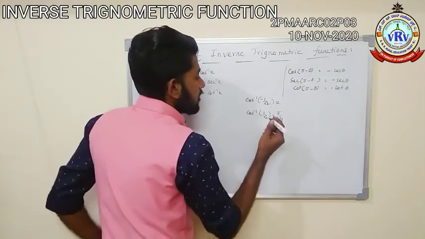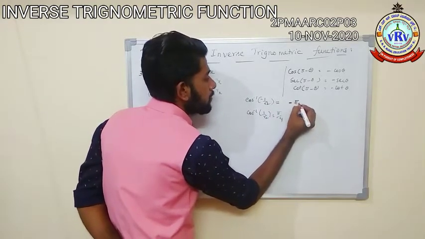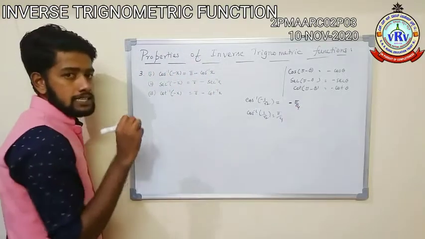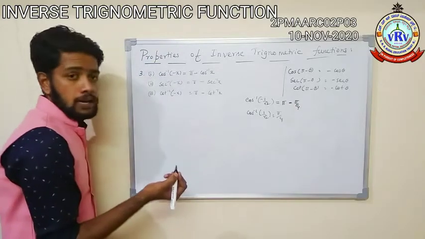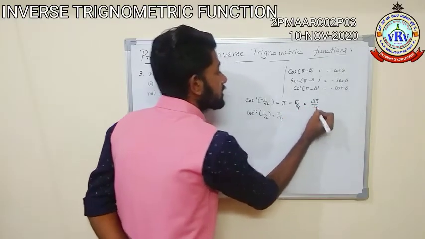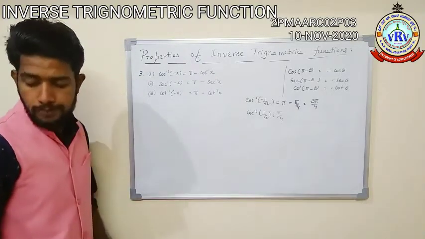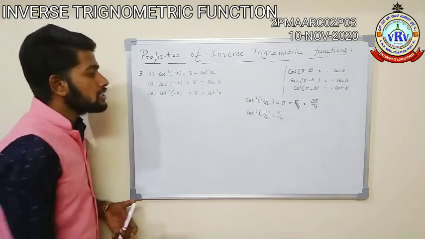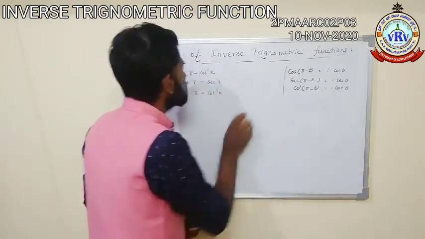So this is not equal to minus pi by 4 as in the case of sine. It is equal to pi minus pi by 4, that is 3 pi by 4, which is the answer for cos inverse of minus 1 by root 2. We will see all these problems in the upcoming videos.